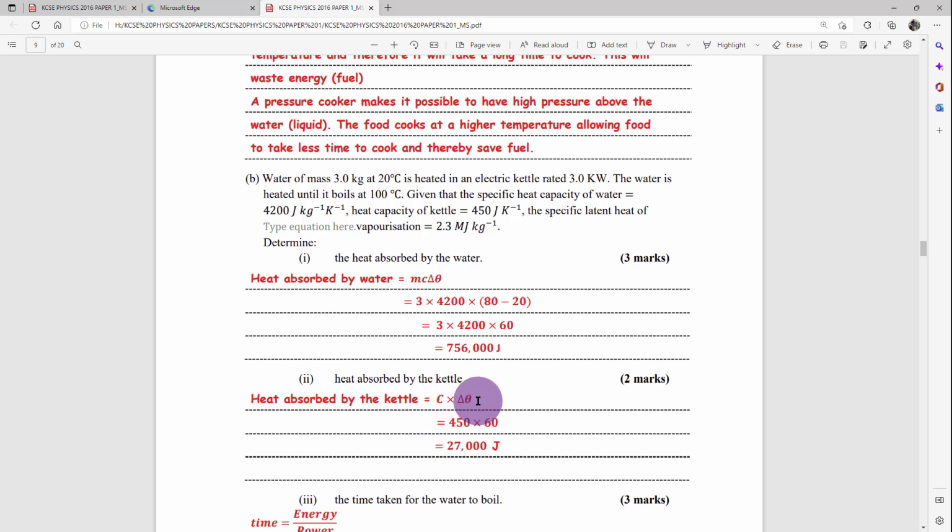There is a difference between specific heat capacity, which is in joules per kilogram per Kelvin, and heat capacity. So here I will multiply the heat capacity by change in temperature. Notice that lowercase c is specific heat capacity, but uppercase C is heat capacity. I get 2700 joules.